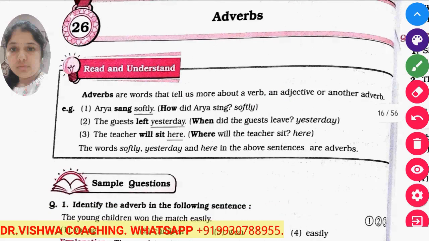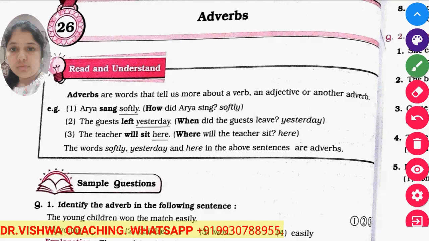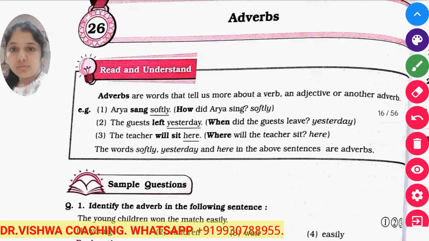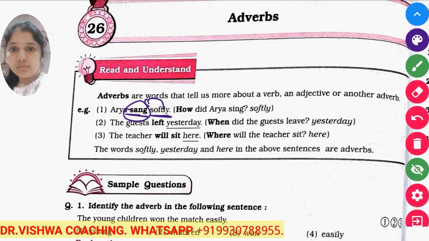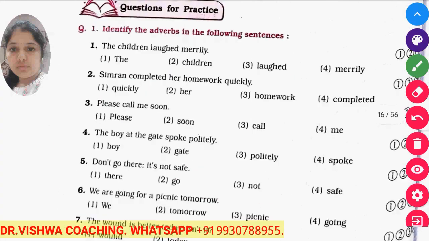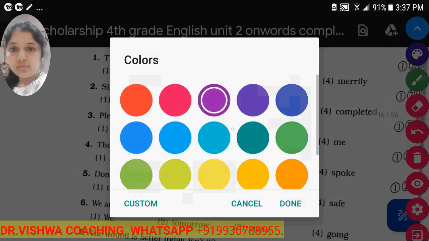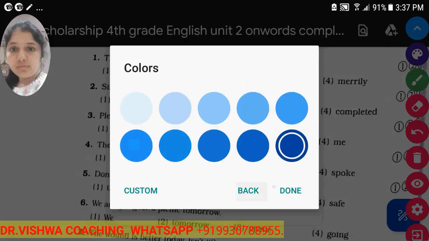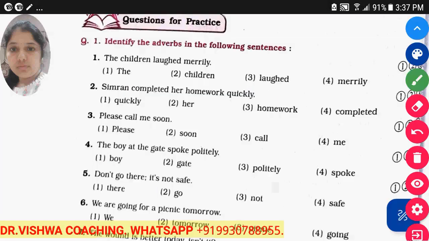So in the example, Arya sang softly. So sang is a verb here, and softly describes more clearly how she sang. So softly is the adverb. Now we'll directly move to the practice exercise without wasting time because it is very easy and you all know what adverbs are.